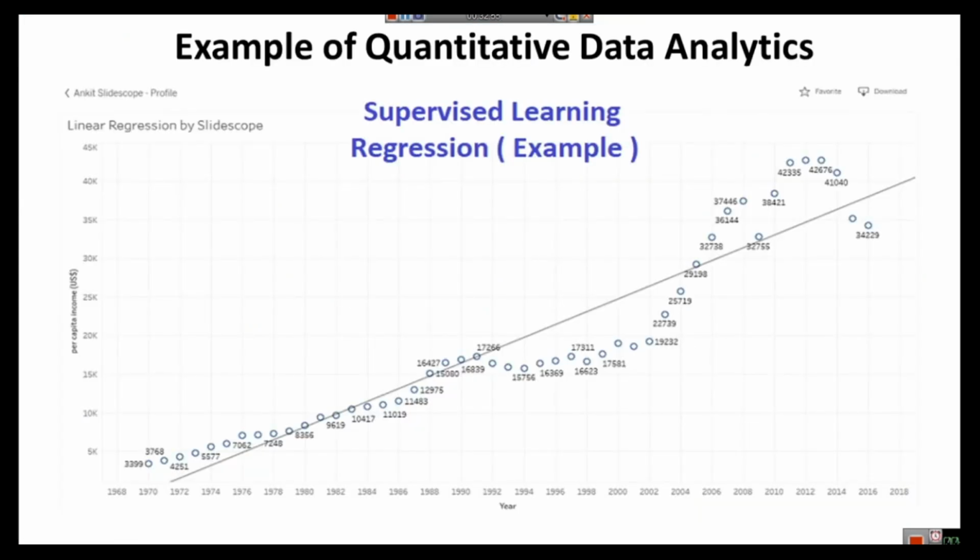This is an example of quantitative data analytics. This quantitative data analysis is done using a tool called Tableau. Tableau is a useful tool for data scientists, data analysts, machine learning, and various people who want to build their career in the field of data analysis.